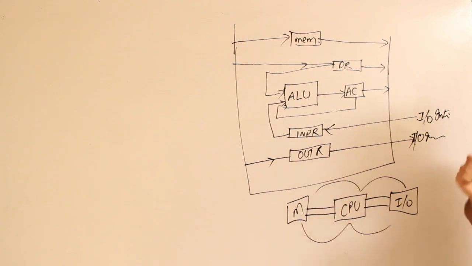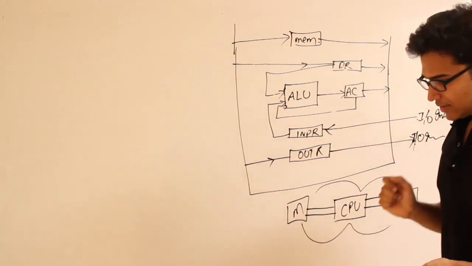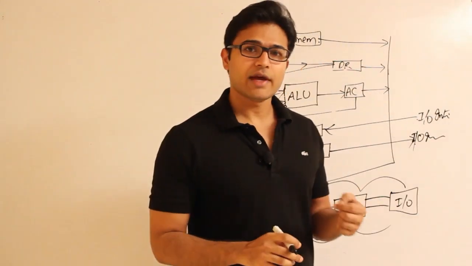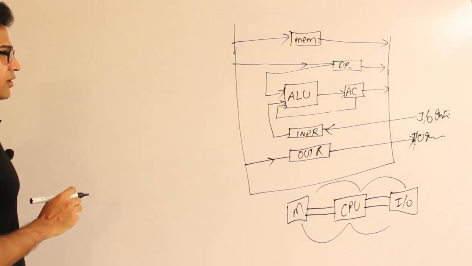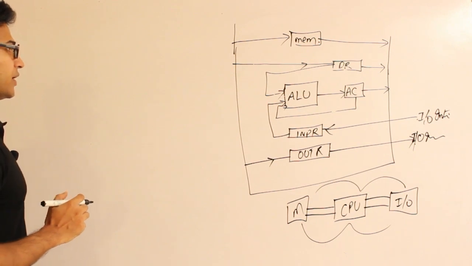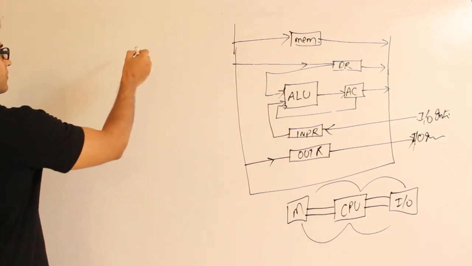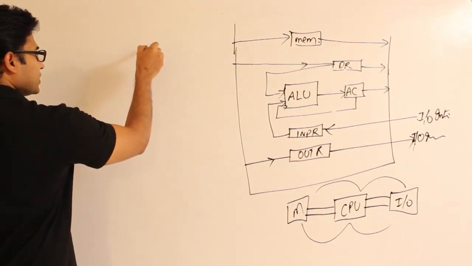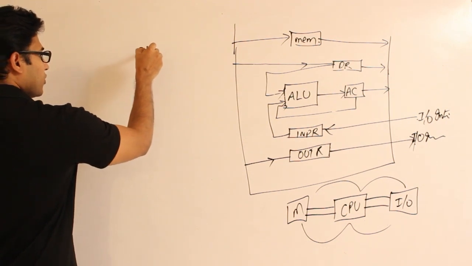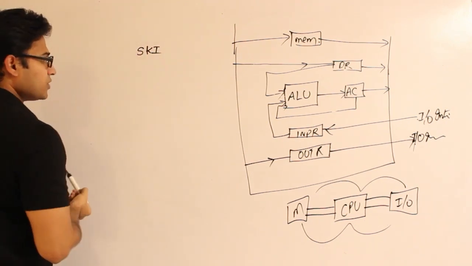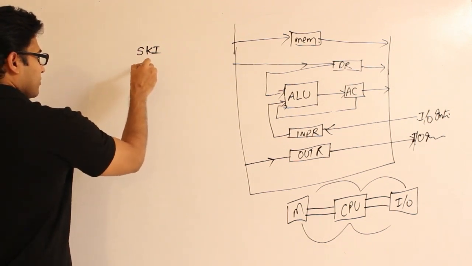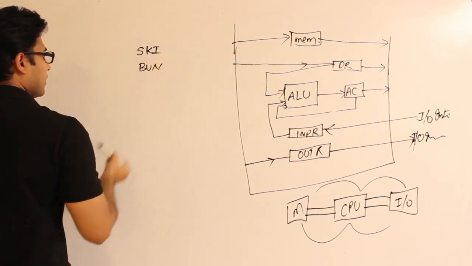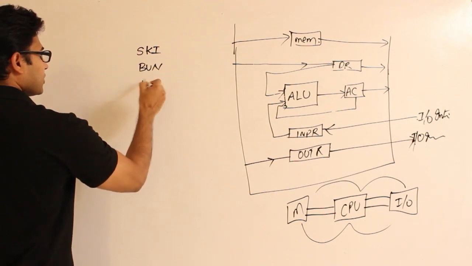Now why is it a disadvantage? If you have to understand the disadvantage, you have to understand how the IO is being done by a program. I told you that in order to perform the IO here, we are going to write a program. I have already shown you this in the previous video. We are going to have skip if input flag is 1, and then branch unconditional, and then INP input.